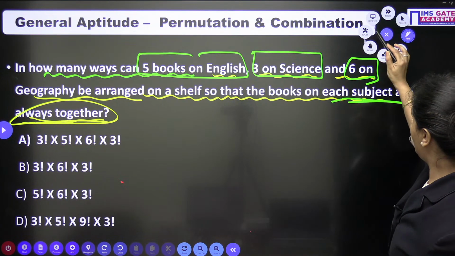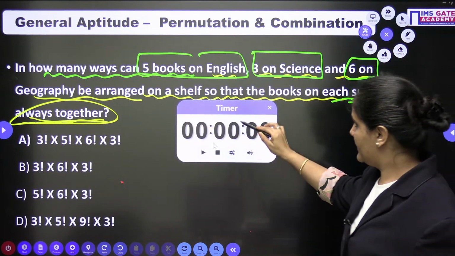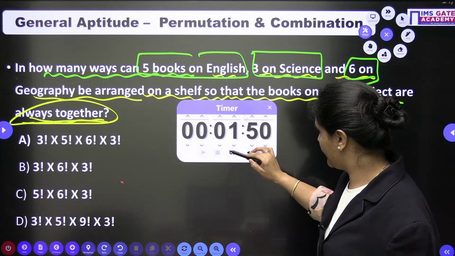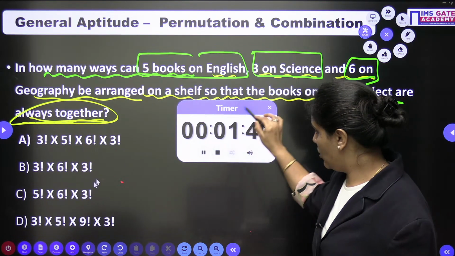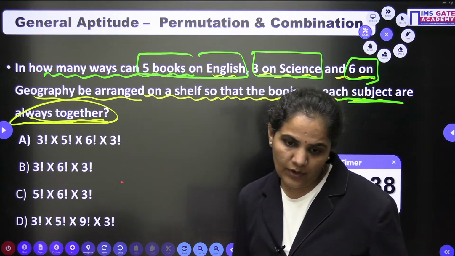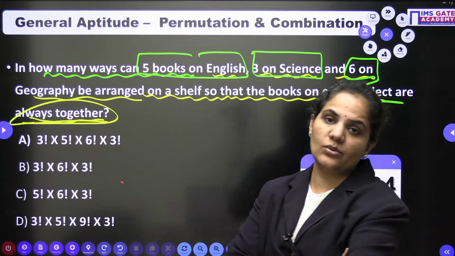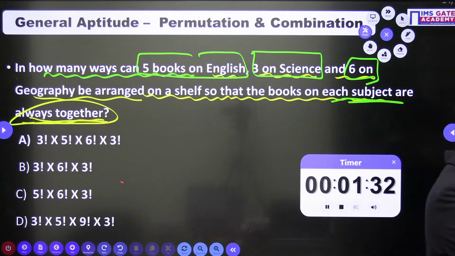So just try, everyone, just try. Just try, dear children, it will not take more time. Go for it. Everybody, a simple question you can solve, you can get the result very easily.